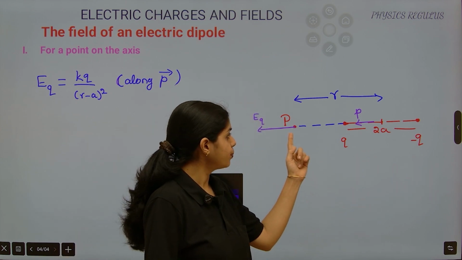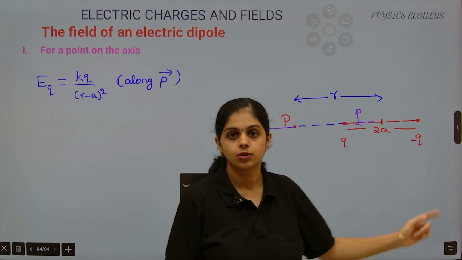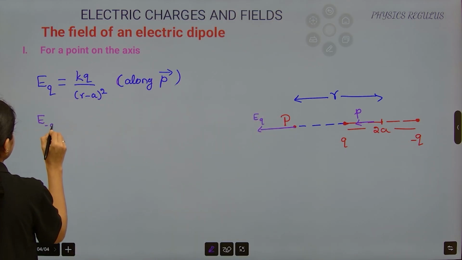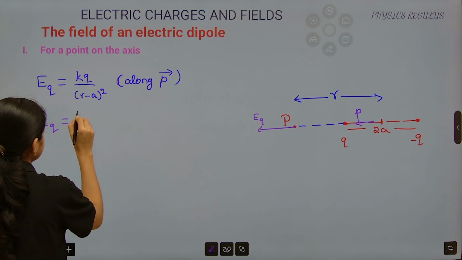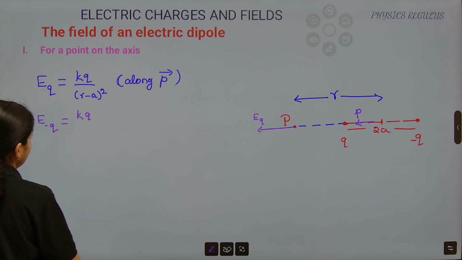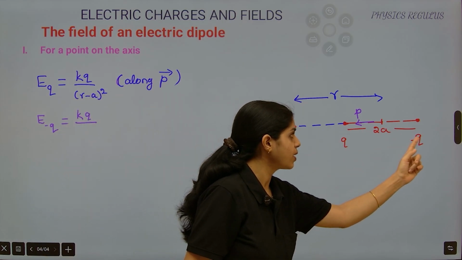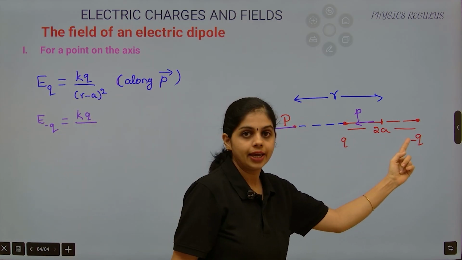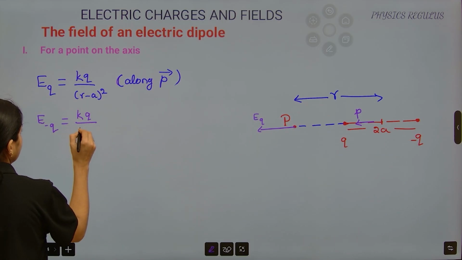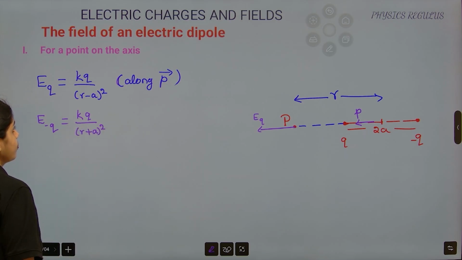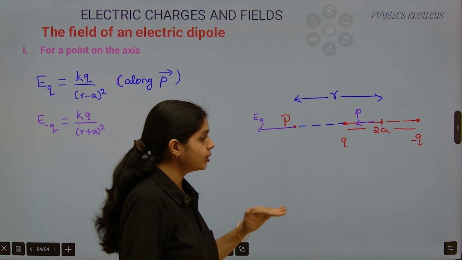Repeat the same for charge minus Q. The electric field at point P due to charge minus Q, that is E_minus Q. The magnitude of E_minus Q is kQ by the distance between point P and charge minus Q, which is R plus a. So kQ by (R plus a) whole square. This is the magnitude. What about the direction?